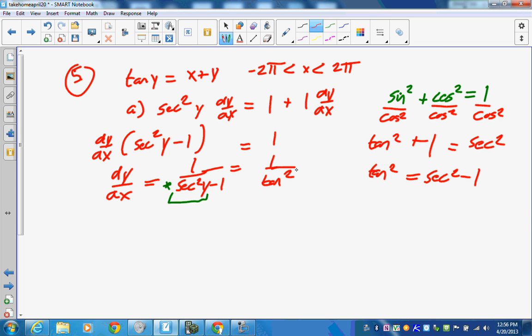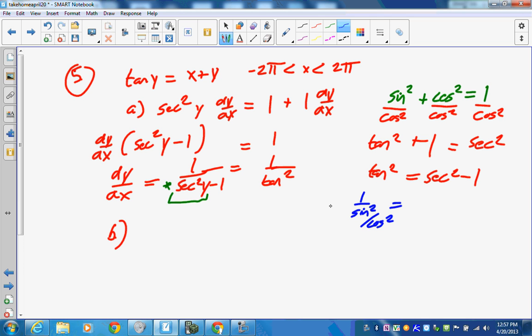Alright? So that's part A. And in part B, they want you to find the x and the y coordinates at each point where the tangent line to the graph is vertical. One way to think about this is to rewrite it. Tangent squared can be written as sine squared over cosine squared.